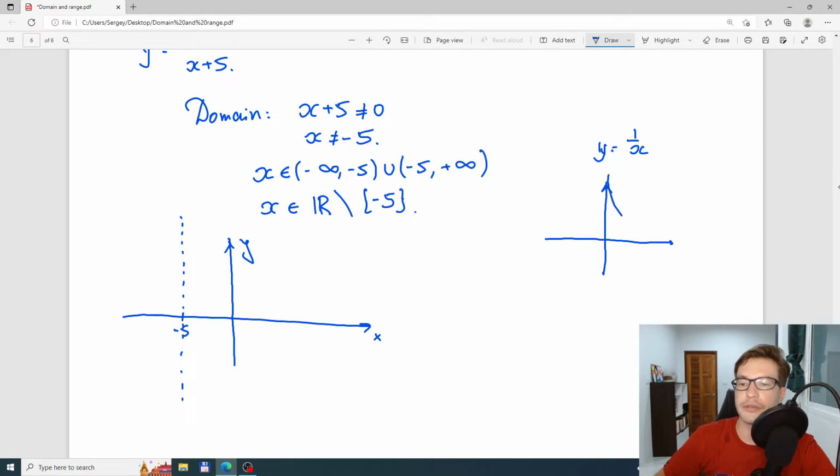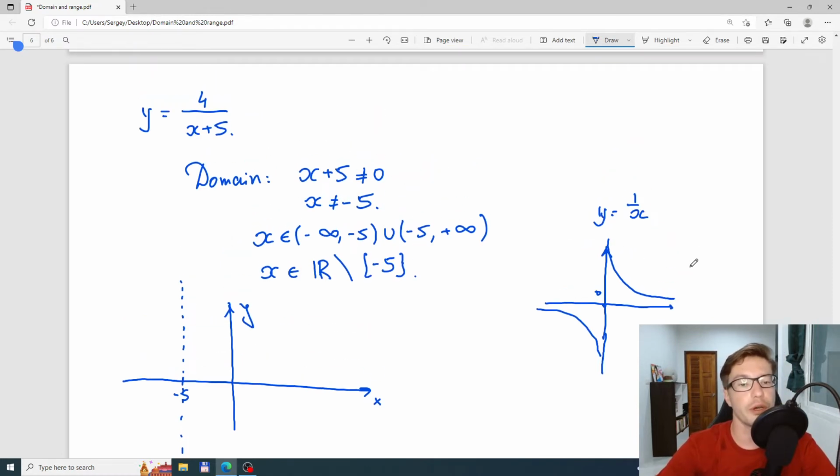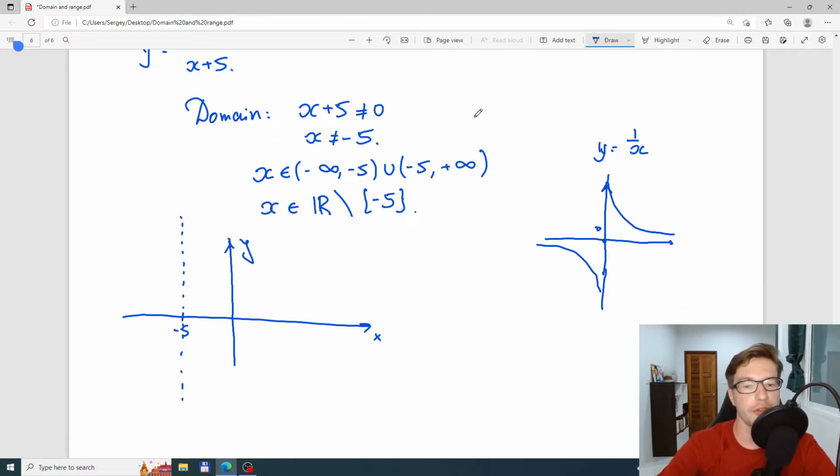So it looks like this. Has 2 parts. And it's never going to cross x equals 0, because we cannot divide by 0. Now, whenever we have y equals 4 over x plus 5, it's going to look very similar. But only this time, the break, or the asymptote, is going to move to x equals -5. So the graph is going to look like this.